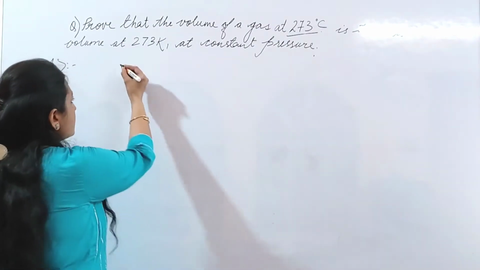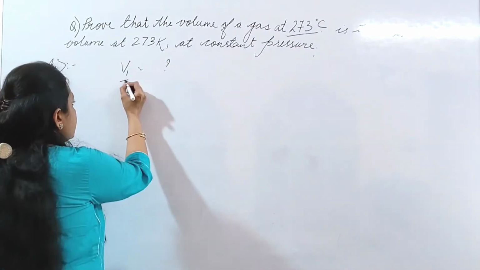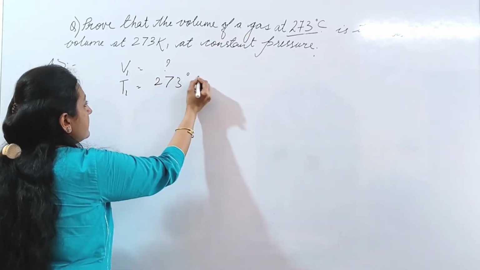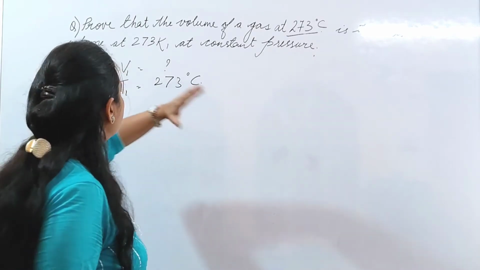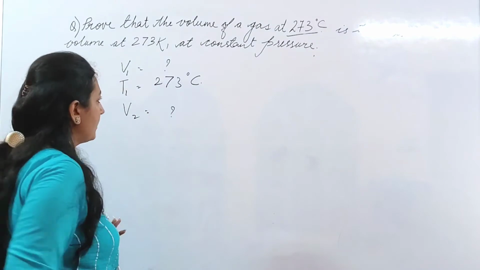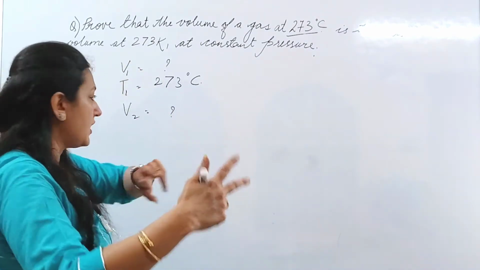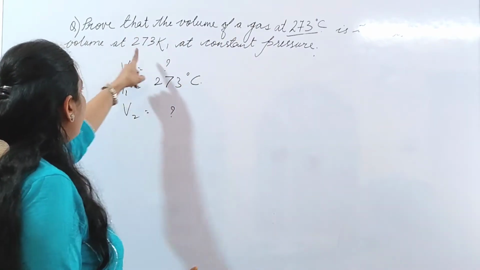Okay. So V1 we don't know. T1 is 273 degrees centigrade. What will be the volume V2? We don't know, but you have to prove that this volume is twice its volume at 273.